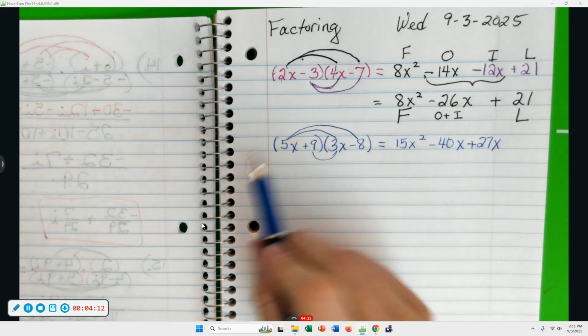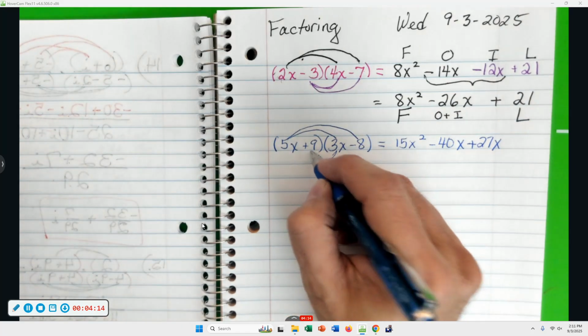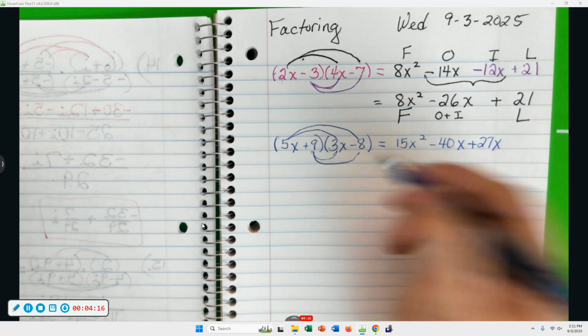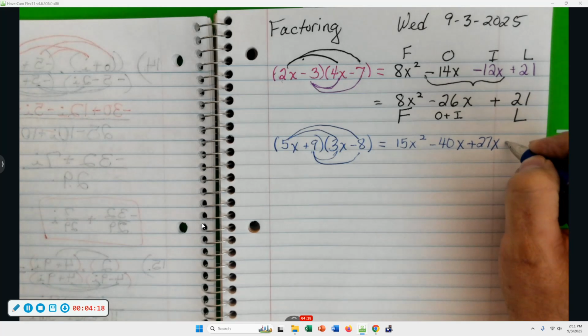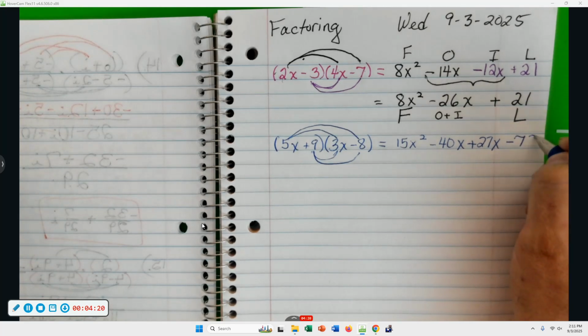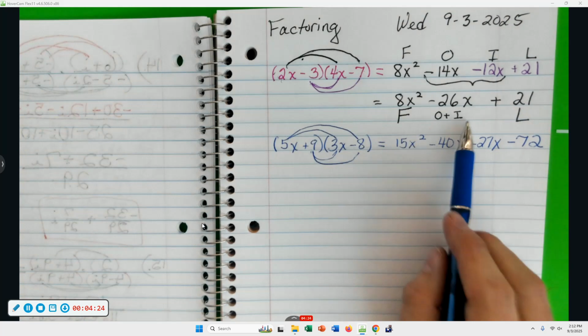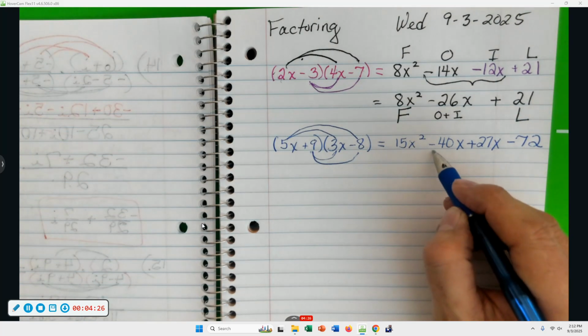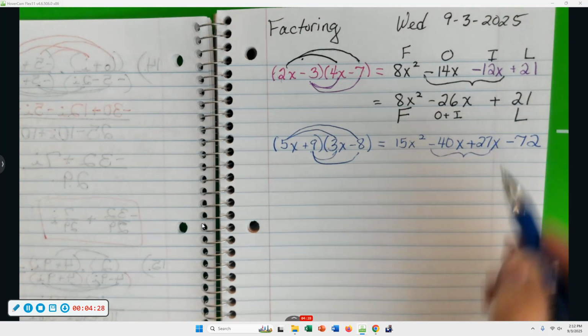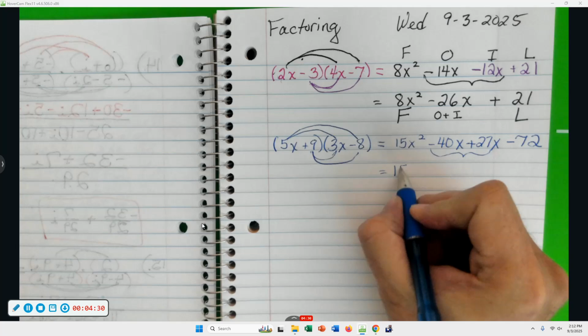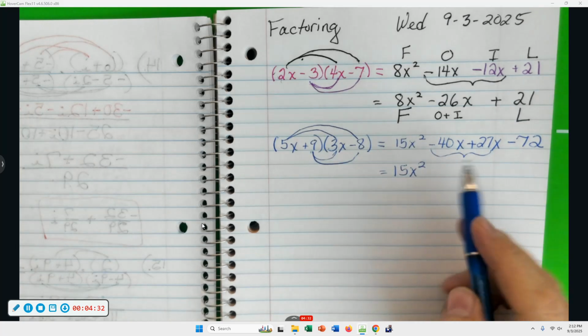So we've done first, outer, inner, and the last is 72, negative. Good. So once again, the outer and inner are the ones we can combine.